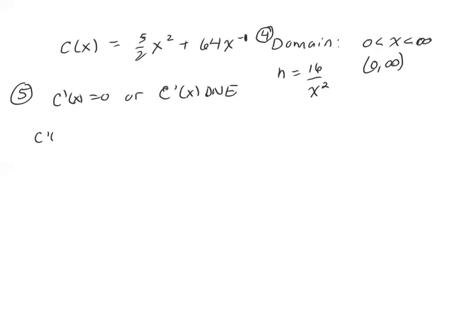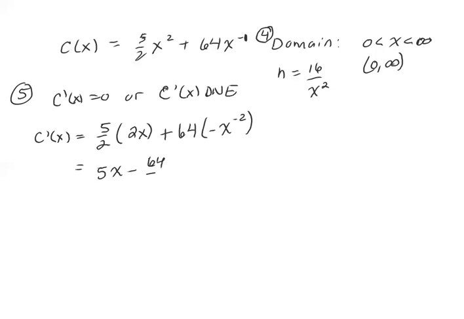C prime of x is equal to 5 halves times the derivative of x squared, which is 2x, plus 64 times the derivative of x to the negative 1, which is negative x to the negative 2 power, which is equal to 5x minus 64 over x squared. That's C prime.